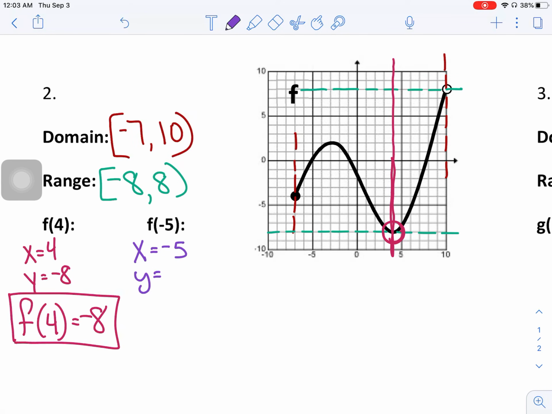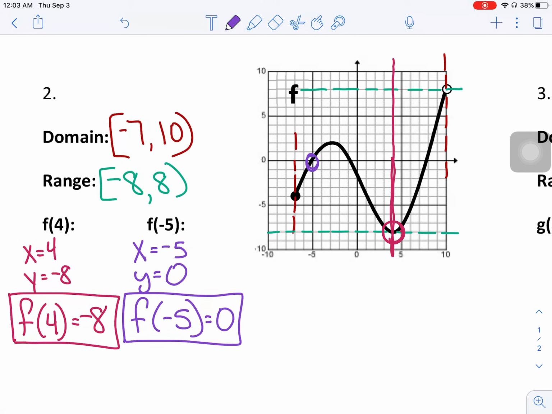For this one, I'll just inspect the graph basically. So I'm going to take my little pointer here, and I'm going to slide over to -5 and just look for my curve. Well, the curve is on the x-axis here. So on the x-axis, all of your y values are 0. So f of -5 is equal to 0.